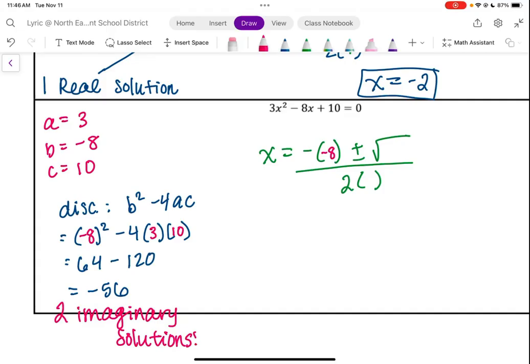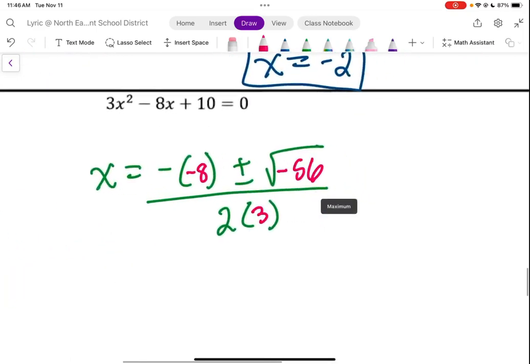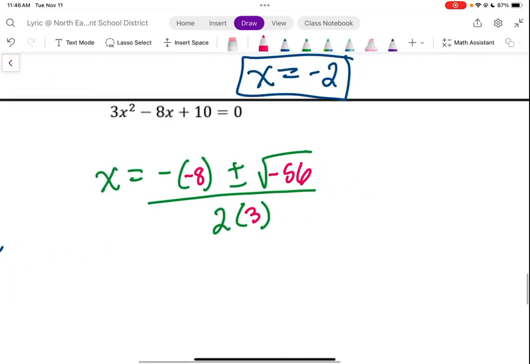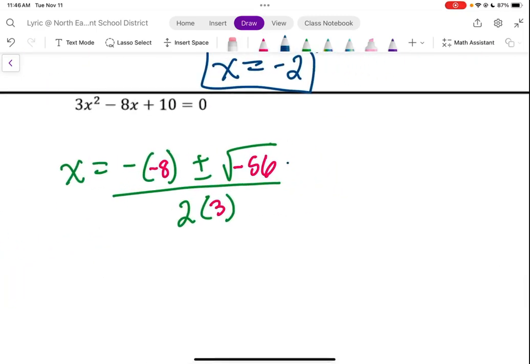Our discriminant is -56, and a in the bottom is 3. So when we simplify this, we do need to simplify the square root of -56. That square root of -56 is going to leave us with a complex solution.